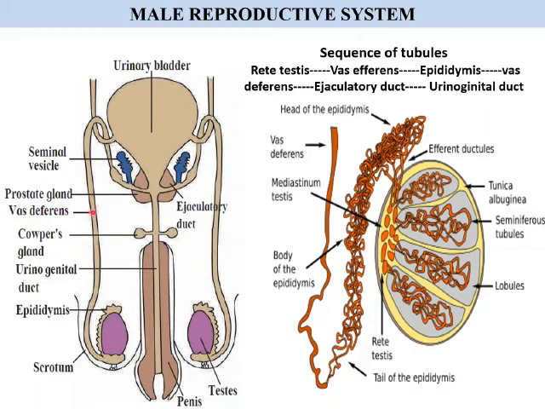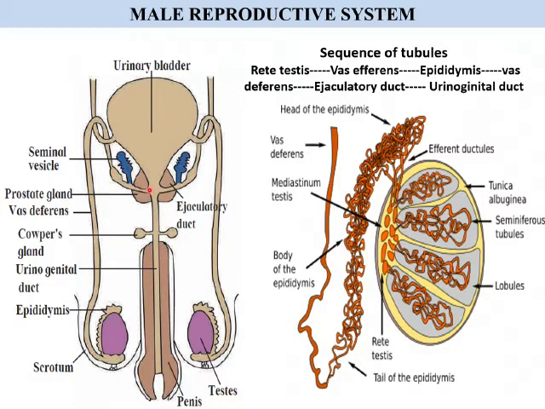From the vas deferens, they move toward the seminal vesicle, whose secretion is mixed along with the male gametes.